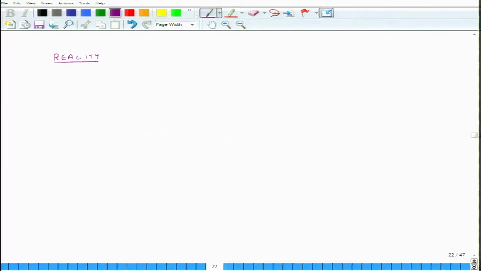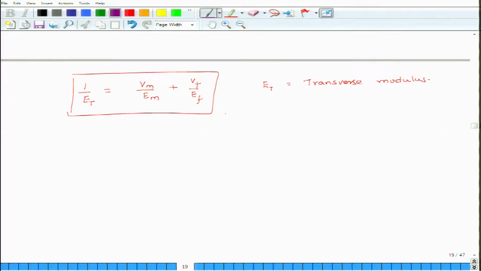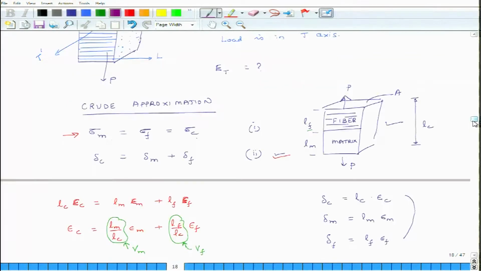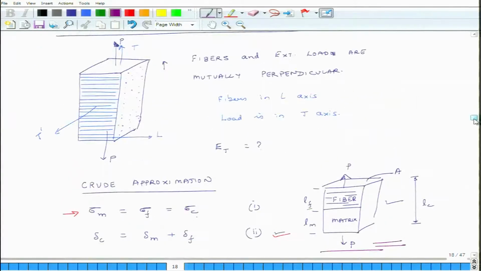Reality. When we were developing this expression for E_t, we had assumed this kind of a configuration. We made this picture, and we said that there are layers of fiber and matrix, layer of fiber and layer of matrix, right.